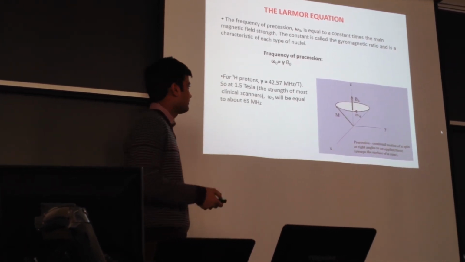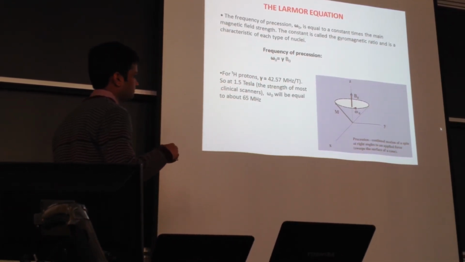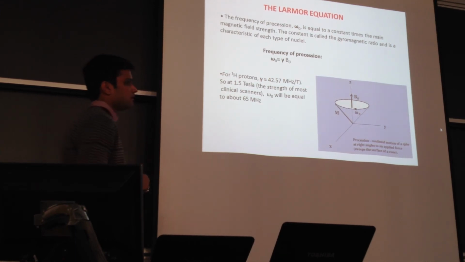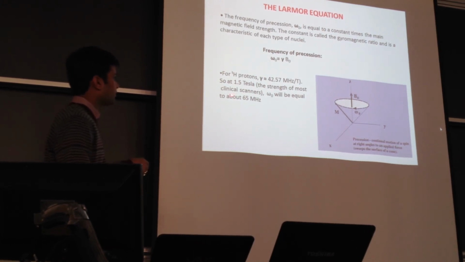So in MRI we use hydrogen 1. How do we calculate the resonance frequency for hydrogen 1? We know that most of the commercial MRI machines run at a magnetic field of 1.5 Tesla.